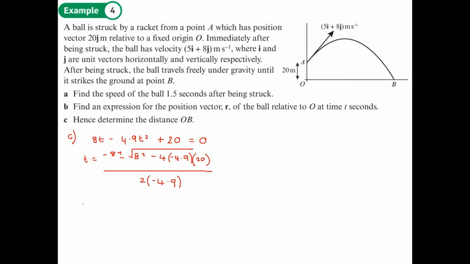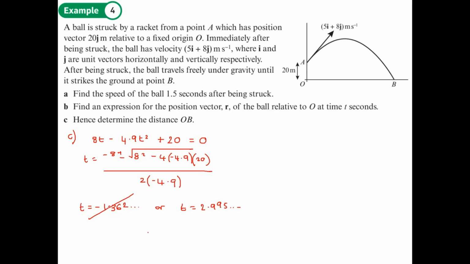Okay, so pop that into my calculator and I get t equals negative 1.362, etc. Or I end up with t equals 2.995, etc. So obviously it can't be the negative one because we can't have negative time, so we're going to ignore that.